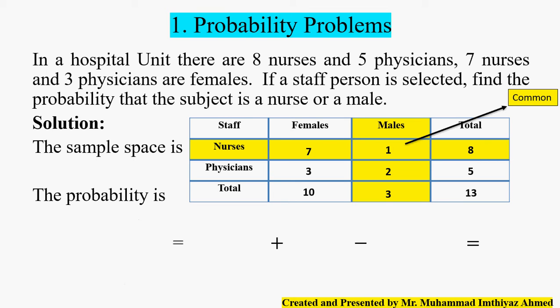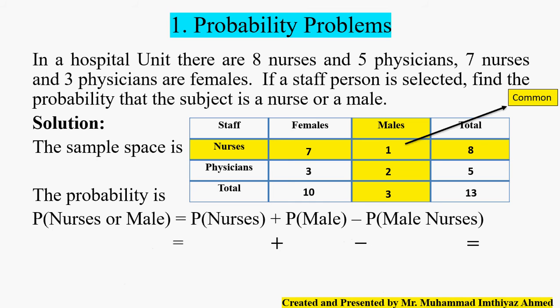First, we need to calculate the probability. Probability nurses or male, we need to take probability of nurses, add with probability of male, minus probability of male nurses. So probability of nurses total is 8 by 13, as you can see the total, and probability of male total is 3, and probability of male nurses is 1.